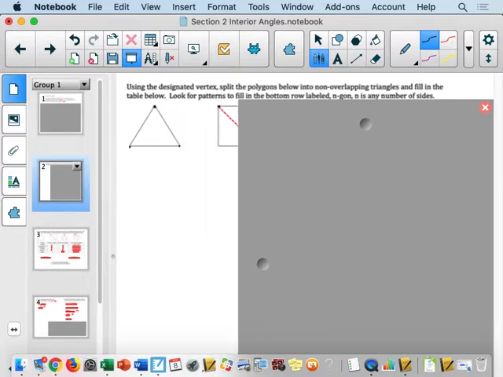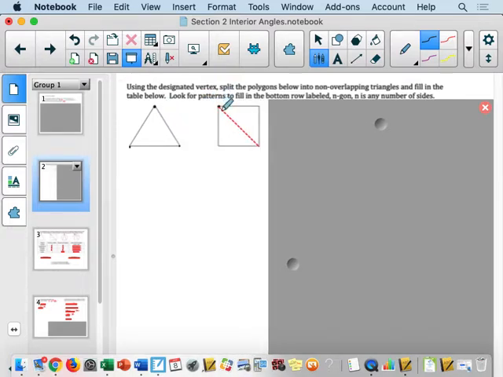Moving on to a quadrilateral, going from the designated vertex, I could split it up going to one other vertex. If I draw to the other sides, it's just a side. So that means I can divide this quadrilateral into two triangles.